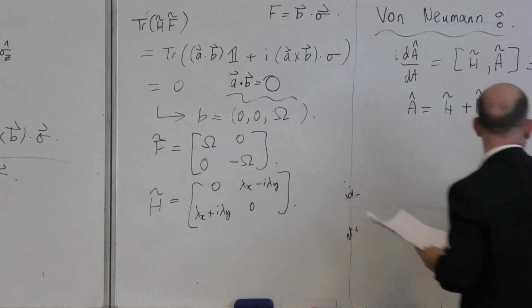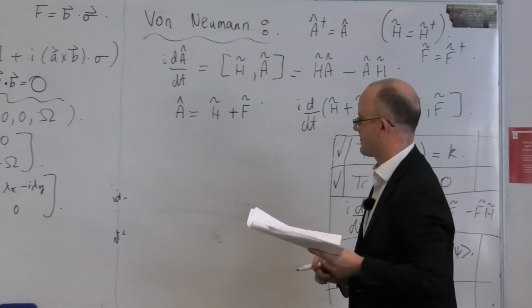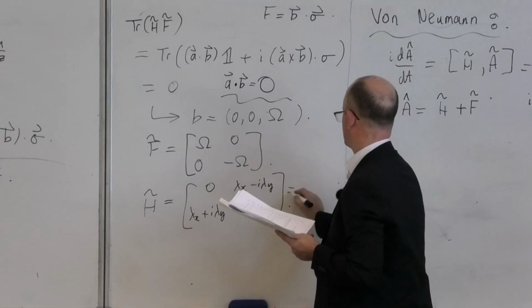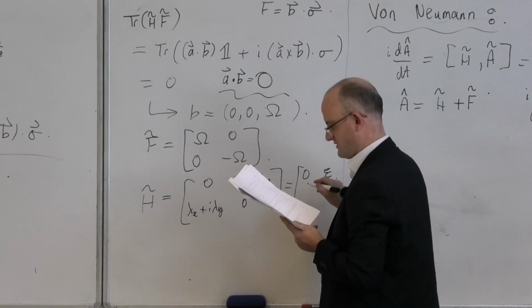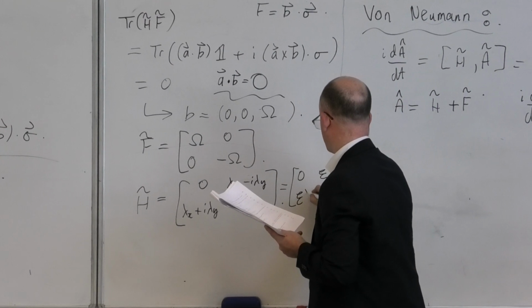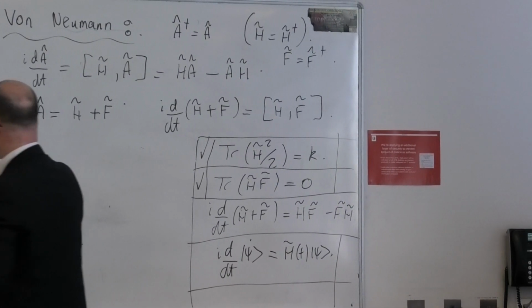These will satisfy these first two equations, and we're just going to write this in terms of complex numbers. So this will just be epsilon, G.